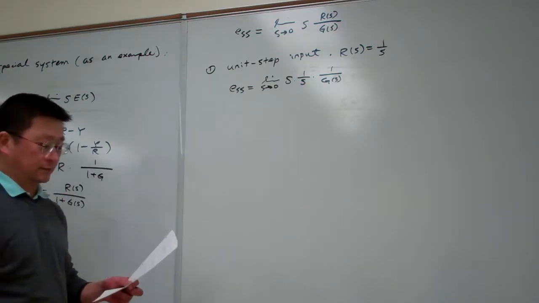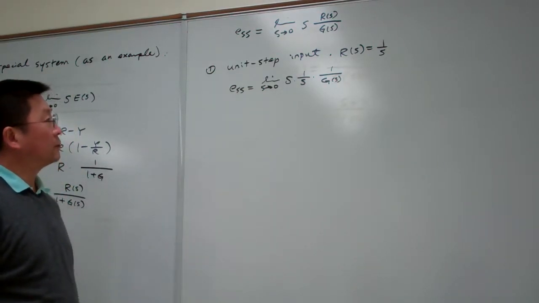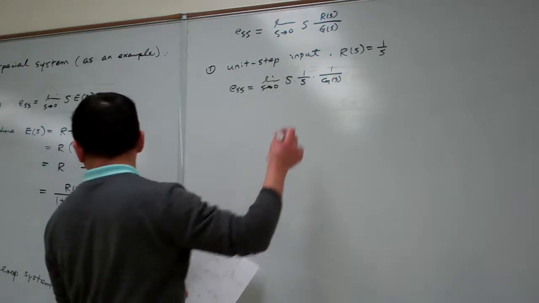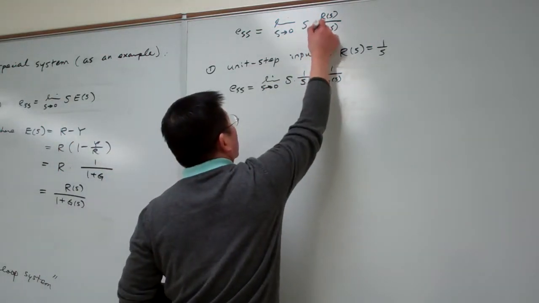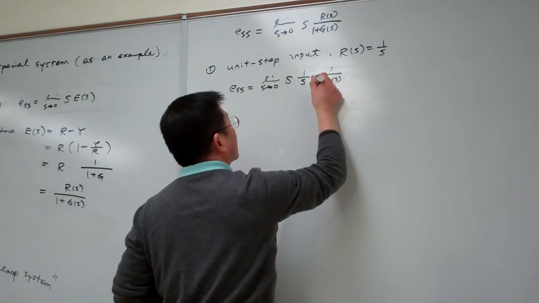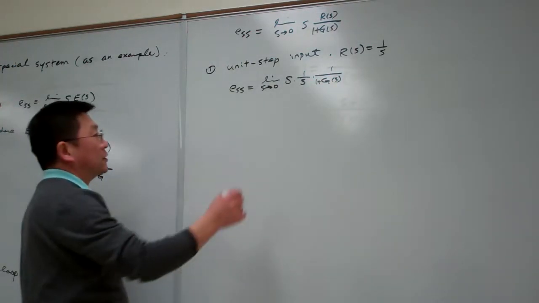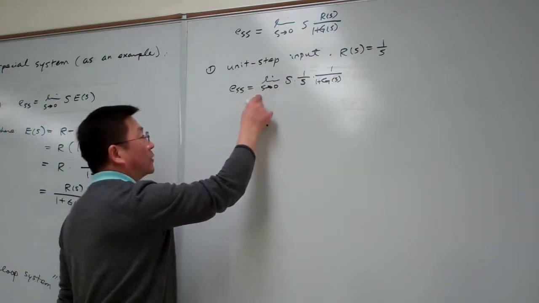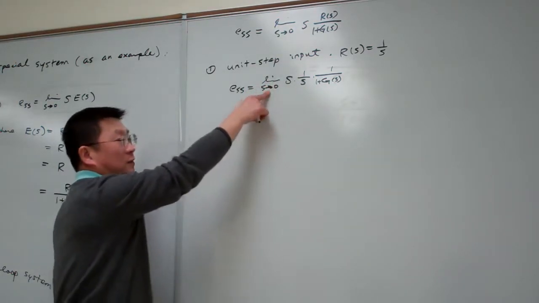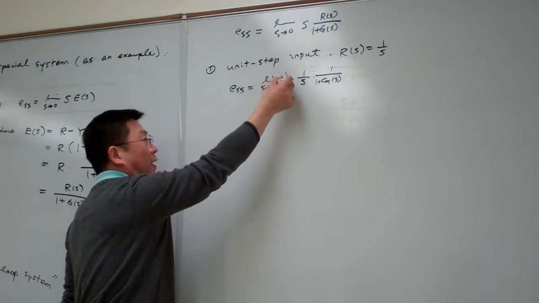Professor? Yes. There was 1 plus G(s) and now... Oh, sorry, my mistake. Good. In this way, we can apply the algebra on this limit. Here we cancel the s.